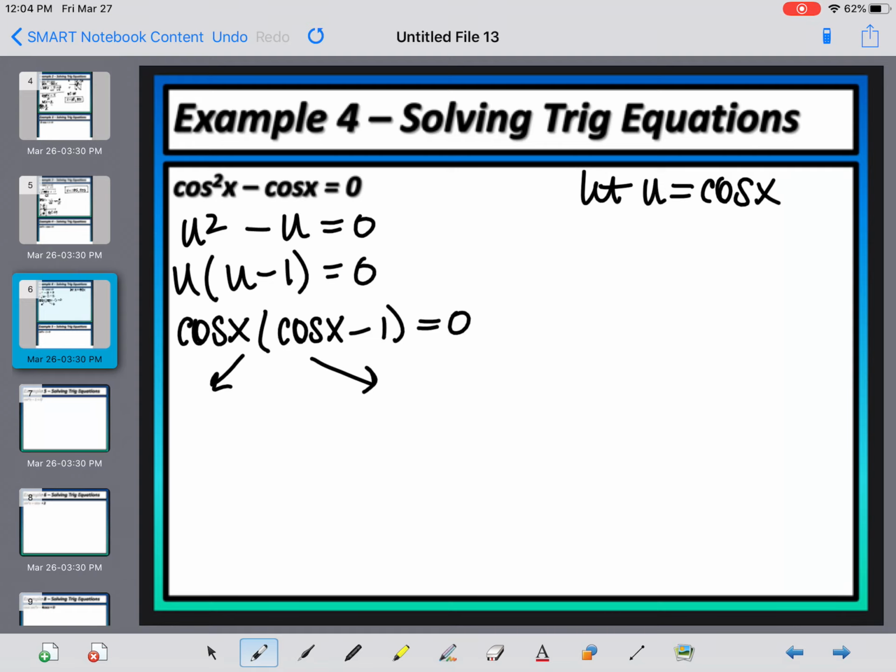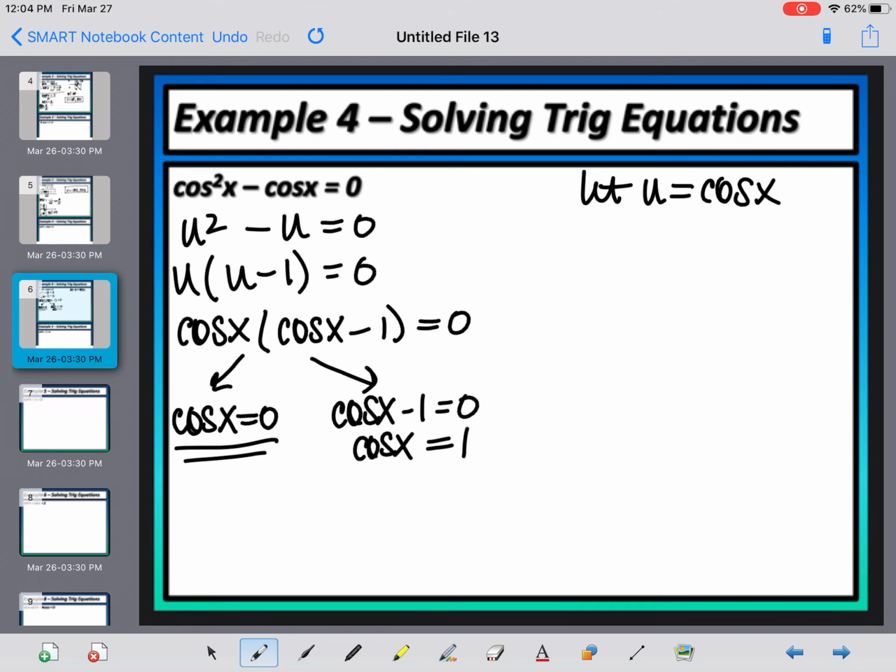So when I'm solving this, I have to split them both up. So cosine of x equals 0. Cosine of x minus 1 equals 0. So this is already solved. And this one is going to be cosine of x equals 1.